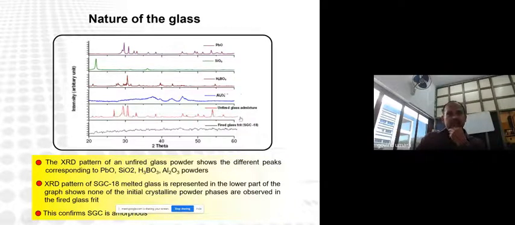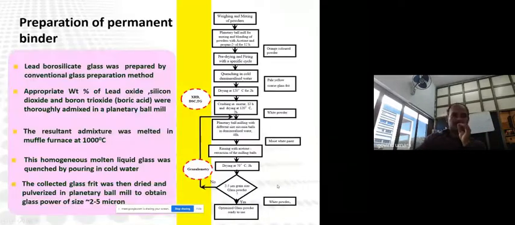We took XRD, and after sintering, making the mold, melting and sudden quenching, we took XRD again. The XRD pattern of the molten mass, at the lower part of the graph, shows that none of the initial crystalline powder phases are observed in the fired glass. That confirms that this glass is amorphous in nature.